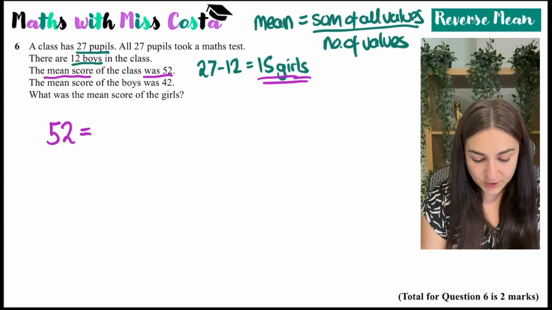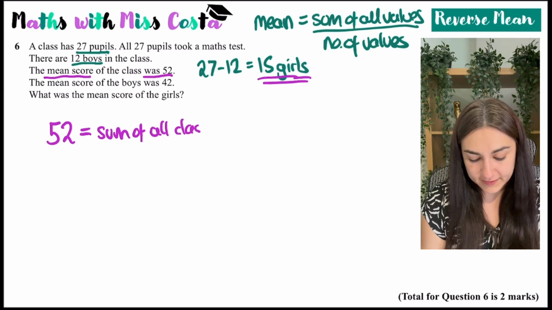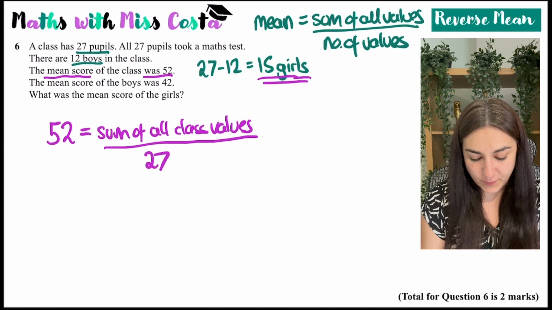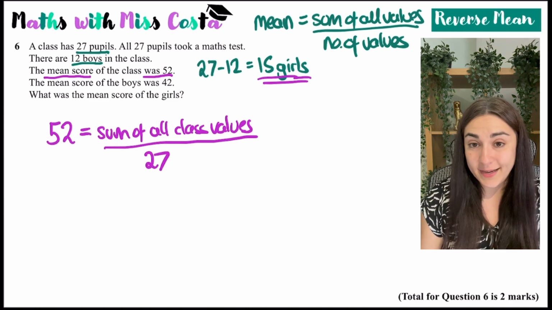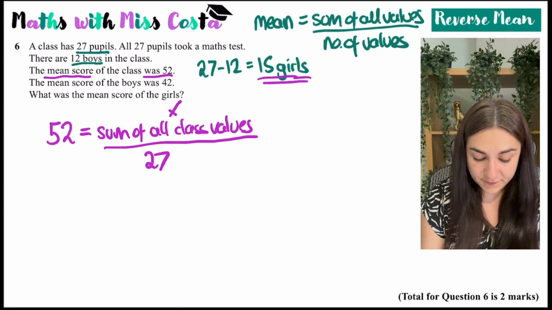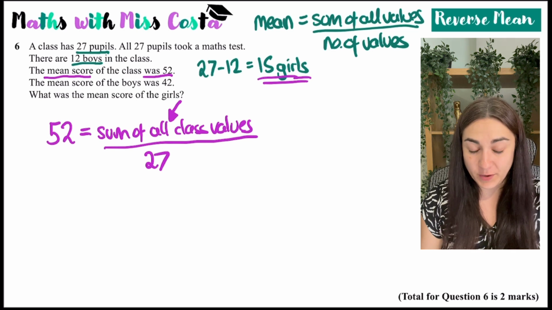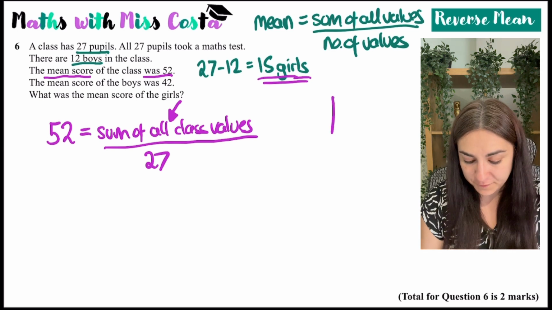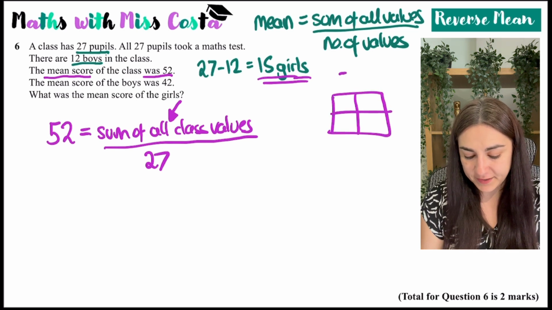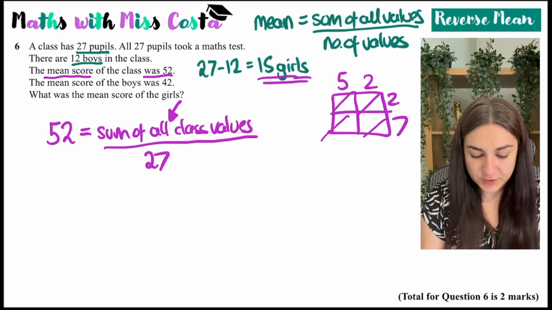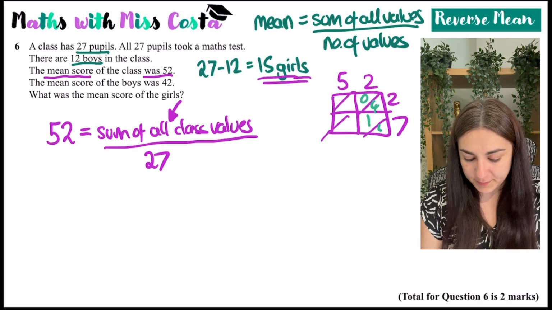So 52 is the sum of all the class values divided by 27. So in order to find out what all of the class values were, I would do 52 times 27. So 52 times 27. 2 times 2 is 4. 2 times 7 is 14. 5 times 2 is 10. 5 times 7 is 35.